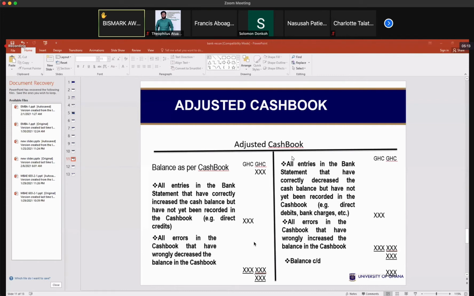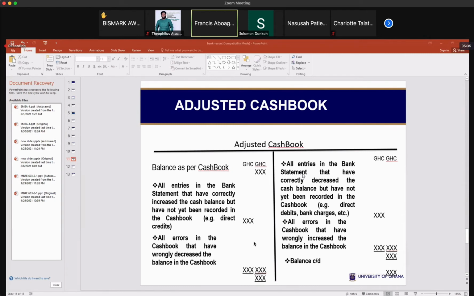Is it that anytime you have a balance carried down at the debit side, when you come to the opposite side, it will be at the credit side? Remember, there are two terms: balance carried down and balance brought down. They are different.